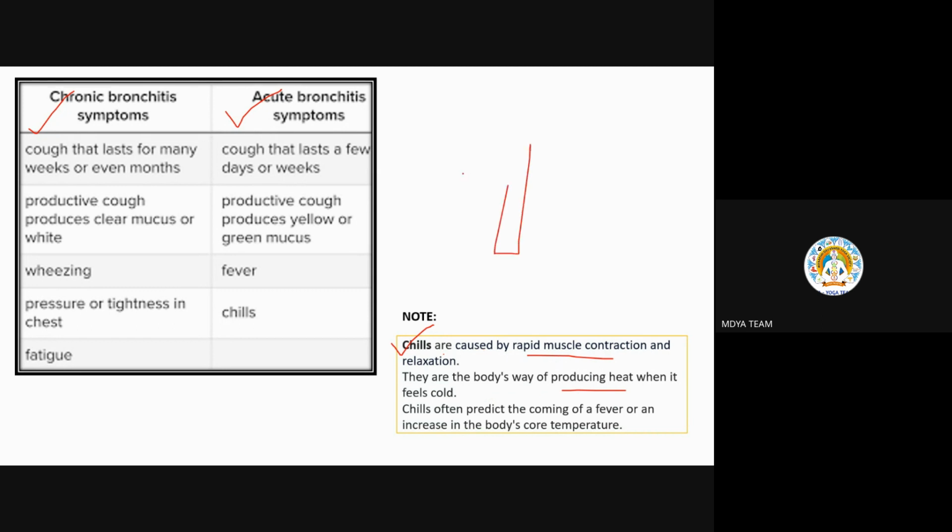So when we feel cold, there is rapid contraction and relaxation of the muscles to provide a little heat, a little warmth. This condition is called chills. Chills often predict the coming of a fever, or a person feels a little feverish in that condition, when our body tries to manage that cold.